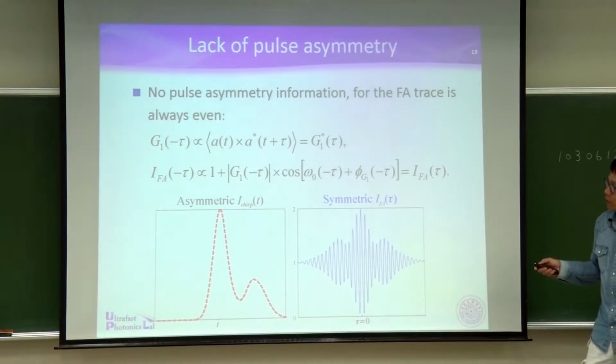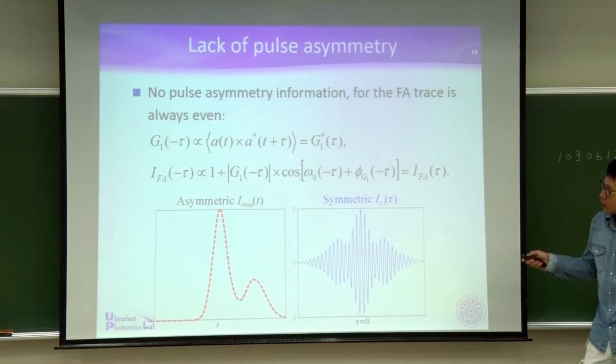So you have minus tau in 3 places. Previously we have known the absolute value is an even function, so this is G1 tau absolute value. The phase is an odd function, so this is minus phi G1, right?